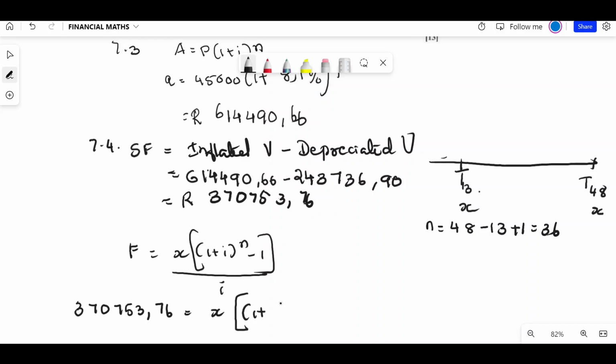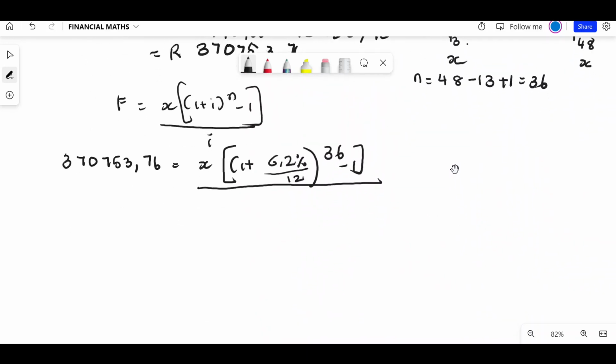1 plus i was 6.2% compounded monthly, to the power 36 minus 1, the whole divided by i again, 6.2% over 12. So it's not our first time to calculate x. You cross multiply and divide.